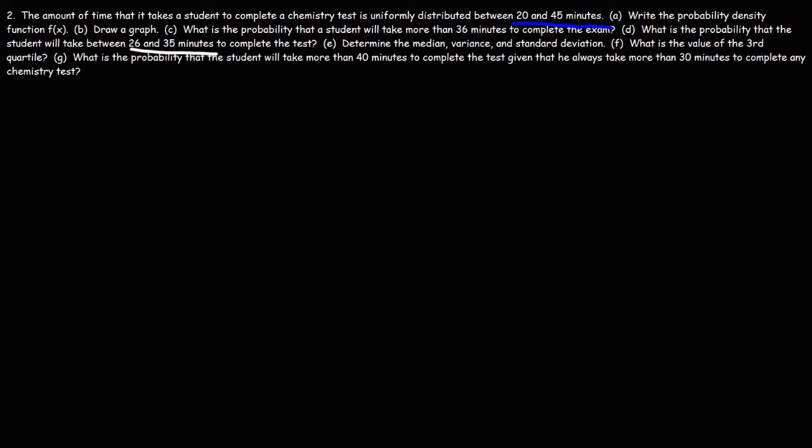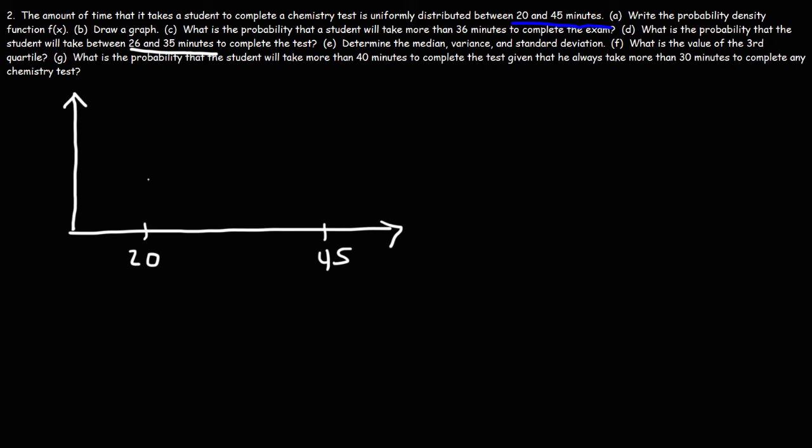What is the value of the third quartile? To get the answer for this one, it's going to be helpful to draw a graph. So this is a, this is b. And the y value is 1 over 25.